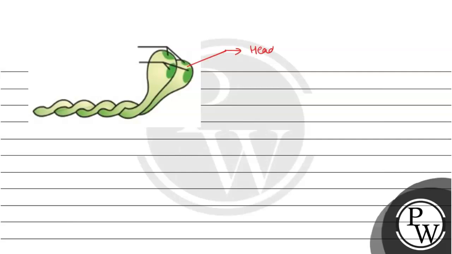This region forms the head. This is the tail region. This whole region is called the cross arm, which projects out at certain angles and at particular distances from the myosin. In the head region particularly there are two sites.